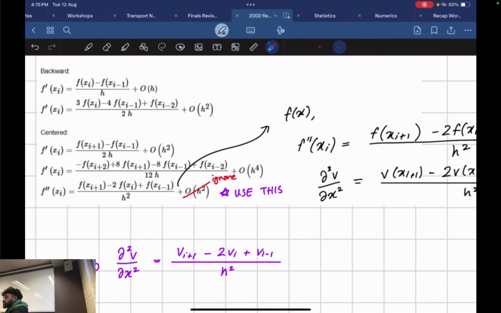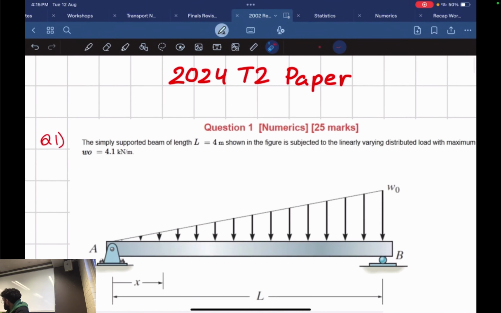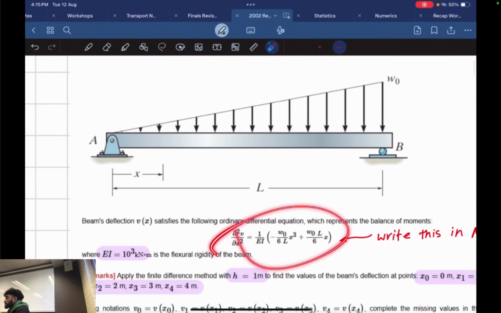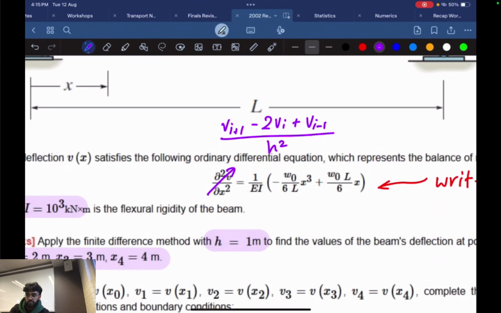So what I'm going to do is substitute this equation into our equation all the way up here. Instead of writing this, I'm going to have it as v i plus 1 minus 2 v i plus v i minus 1, divided by h squared.